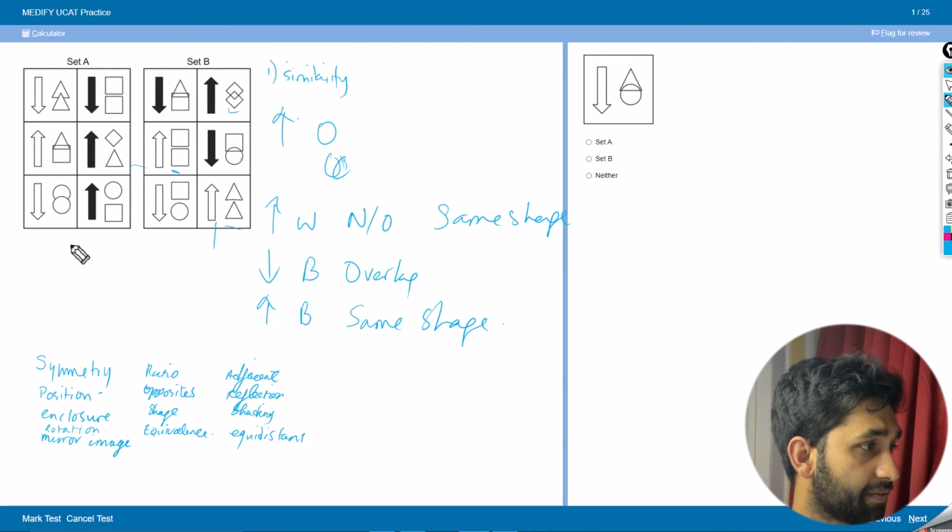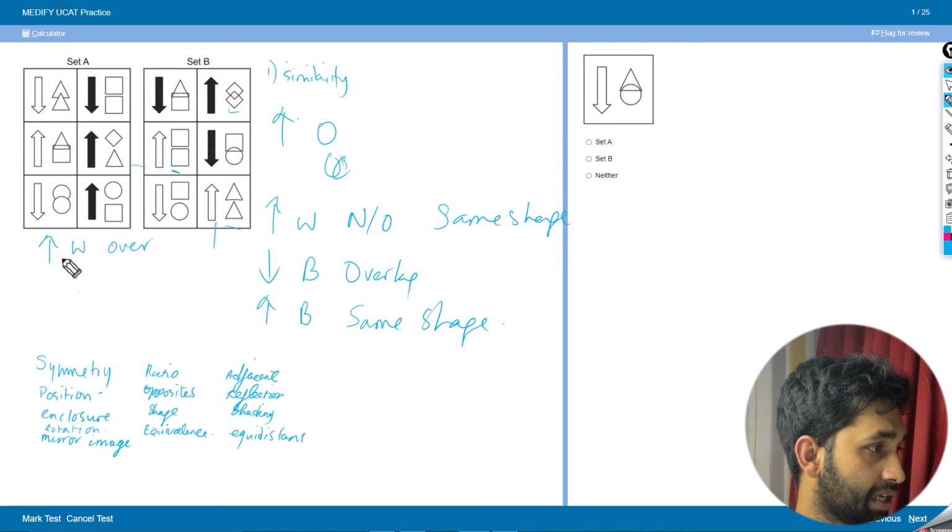So it'll be the opposite for set A. Set A, if you point up and you're white, you overlap. If you point down and you're white, you overlap, but you're the same if you point down. And then if you point up and you're black, no overlap.